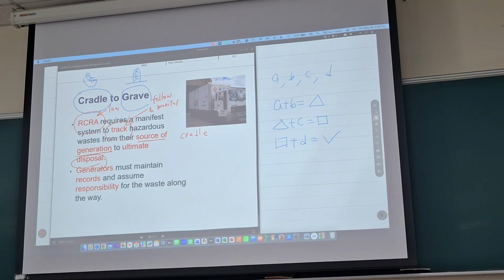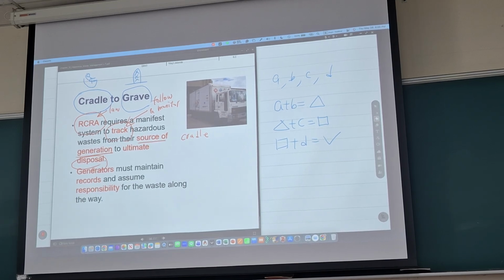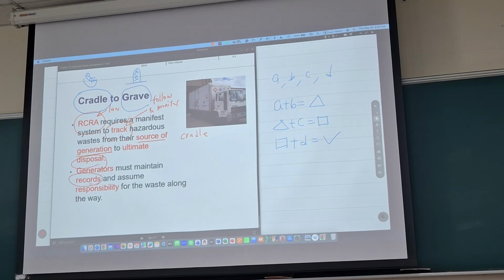So even if you are just a generator, you still need to maintain the record.